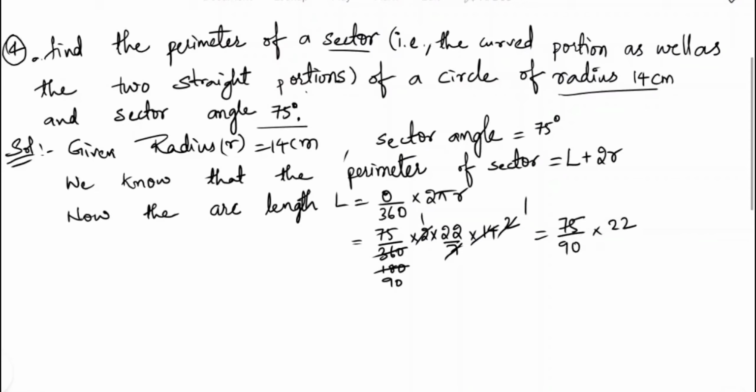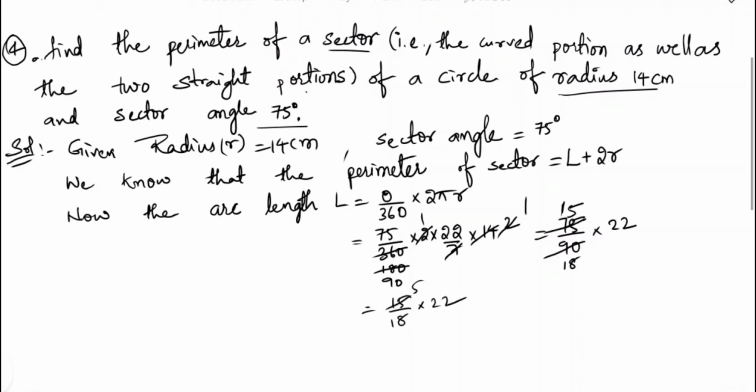Now again we can cancel this. 5 ones are 5, 5 eights are 40. 5 ones are 5, 5 fives are 25. If we cancel it again, 15 by 18 into 22.